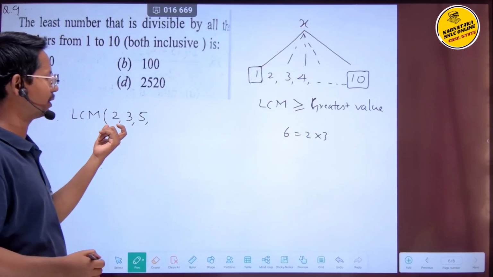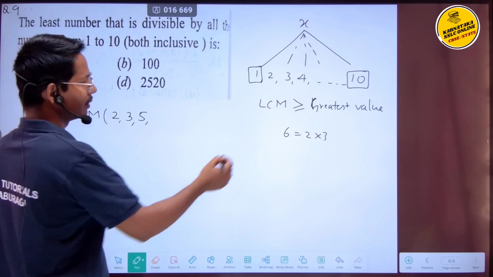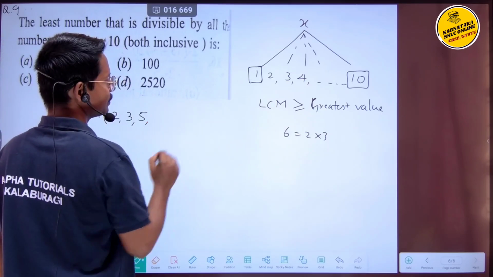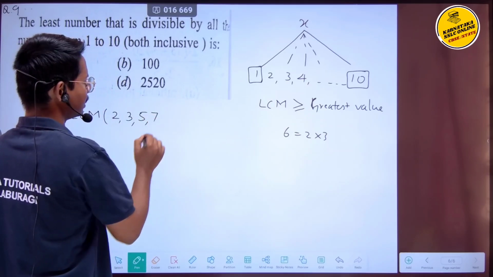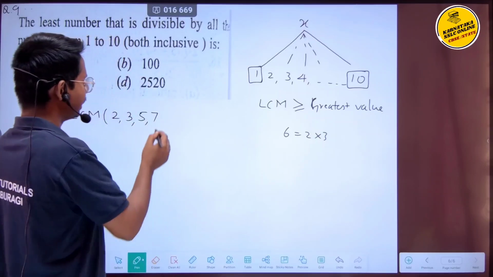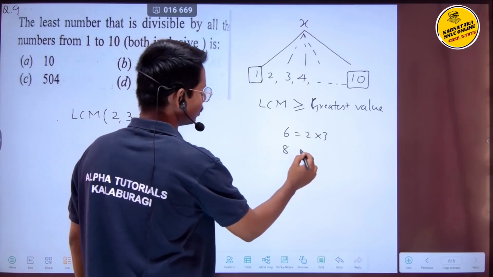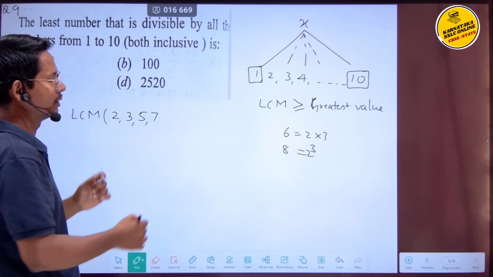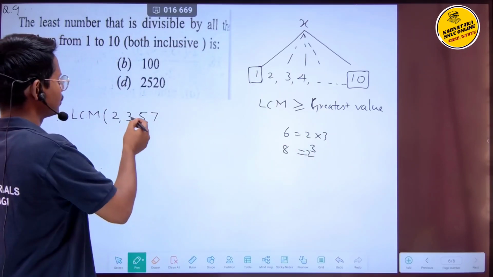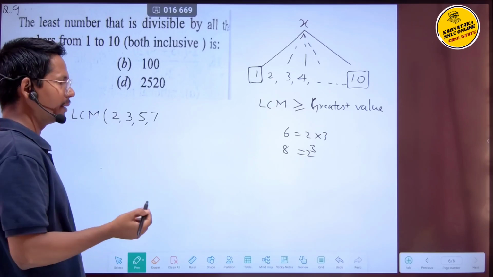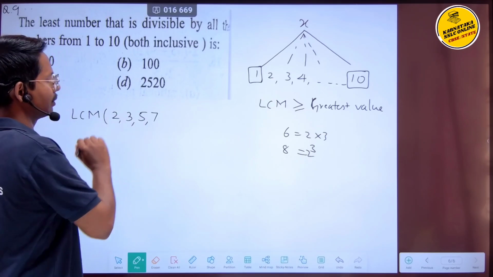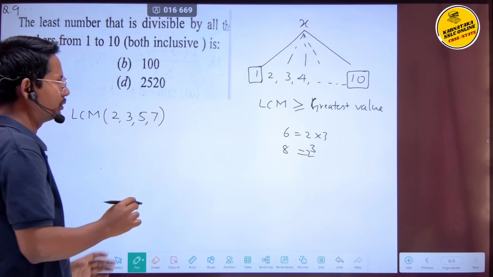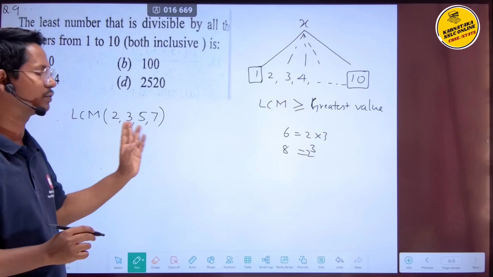So I have already taken 2 and 3. Then 7. Then 8 means 2 cube, so 2 I have already considered. Then 9 means 3 square, so already considered 3. 10 means 2 into 5, both are there. It means I need to find the LCM of these 4 numbers.